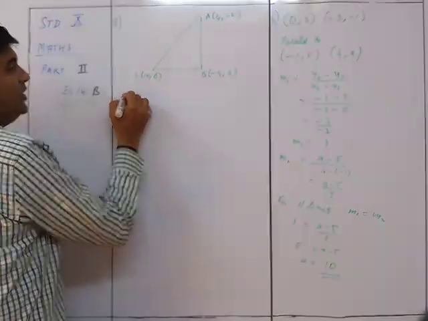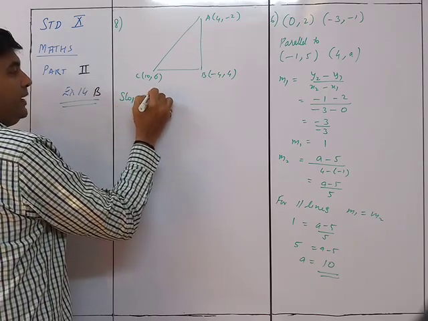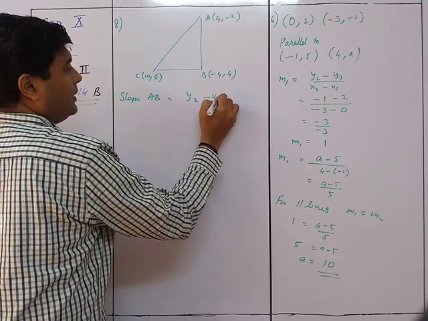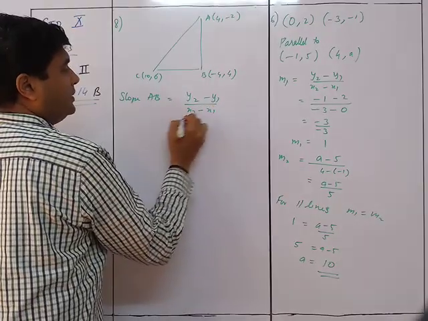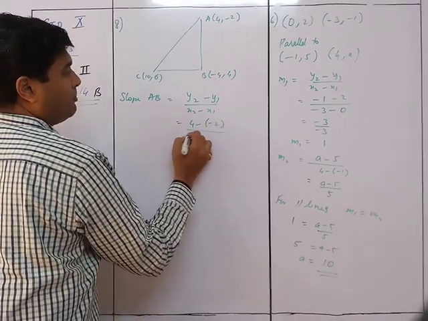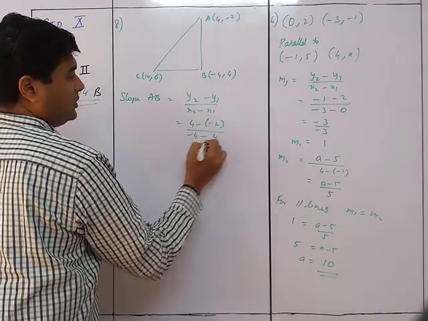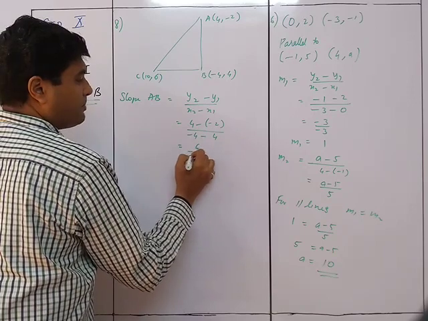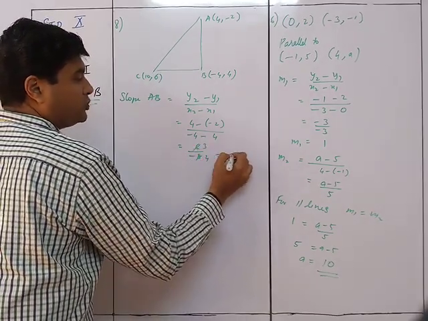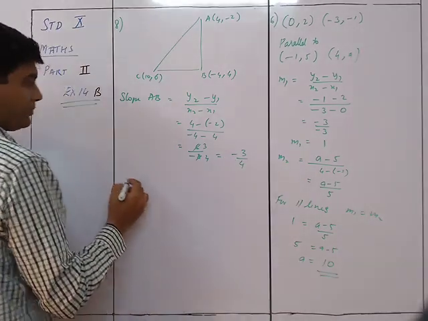So we see over here, first slope AB is y2 minus y1 upon x2 minus x1, which is 4 minus of minus 2 upon minus 4 minus 4. That is 6 upon minus 8, which is minus 3 upon 4.